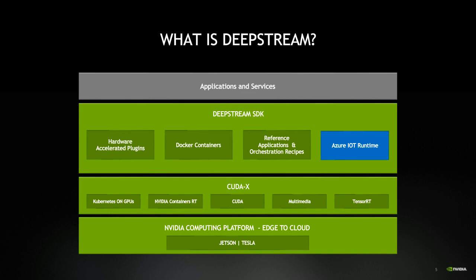The next level of the stack is the CUDA-X stack, which lists various NVIDIA software technologies that are used by DeepStream plugins. At the very bottom is the full hardware stack that can be used to deploy DeepStream application. DeepStream application can be run on NVIDIA JETSON platforms or the data center GPUs such as T4s or V100.